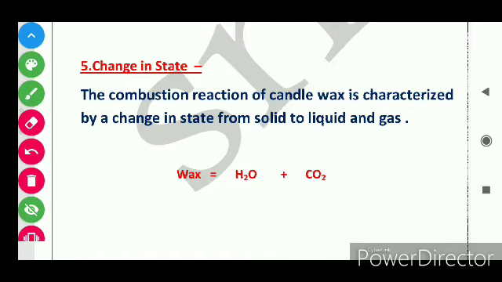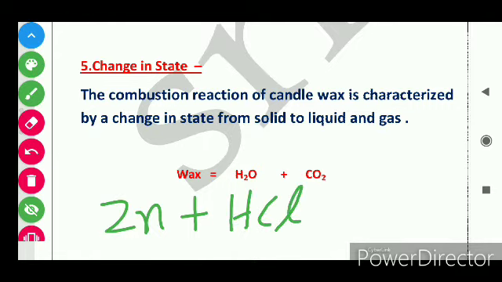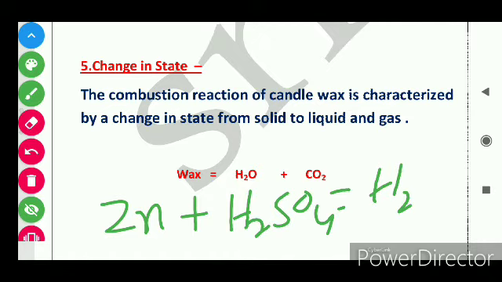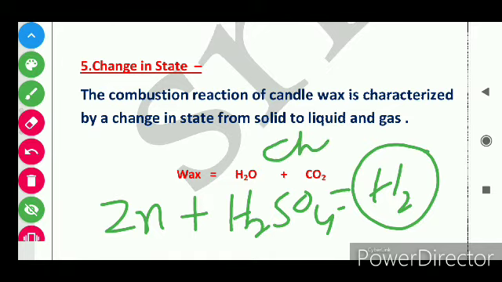In the previous example, the chemical reaction between zinc granules and dilute sulfuric acid, H2SO4, shows two characteristics of a chemical reaction: evolution of gas, H2, and change in temperature also.